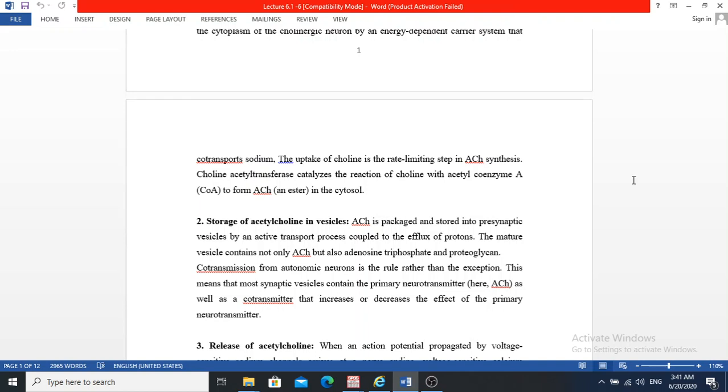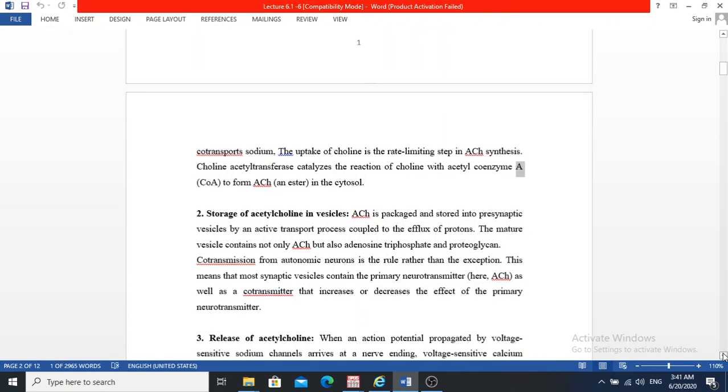This means that most synaptic vesicles contain the primary neurotransmitter acetylcholine as well as a co-transmitter that increases or decreases the effect of the primary neurotransmitter, which means it is ready for transmission for the main effect of acetylcholine, as we mentioned in the previous lecture.